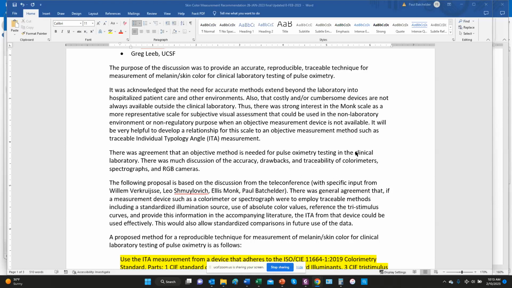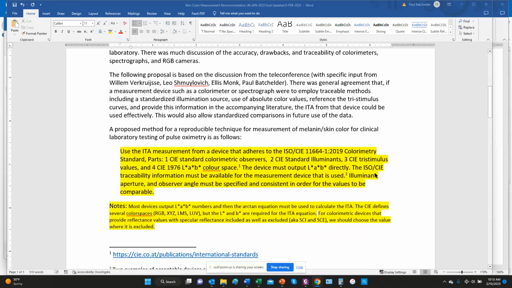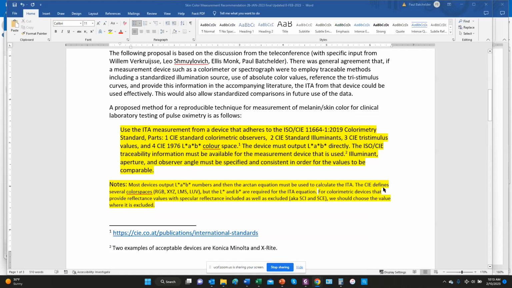But what we came up with, and what I'm showing here, is using the ITA measurement from a device that adheres to portions at least of the ISO CIE standard 11664-1, which is the colorimetry standard, and it has several aspects to it that we think are the best way to move.